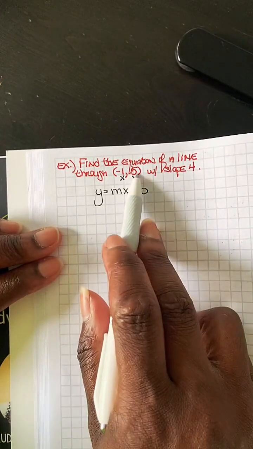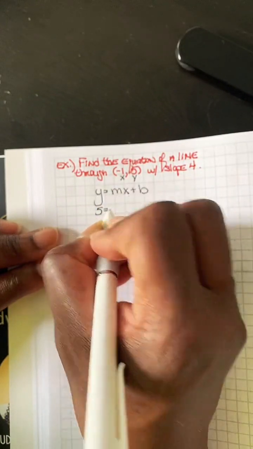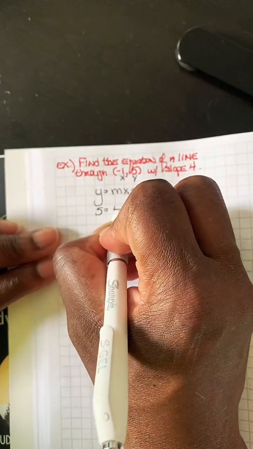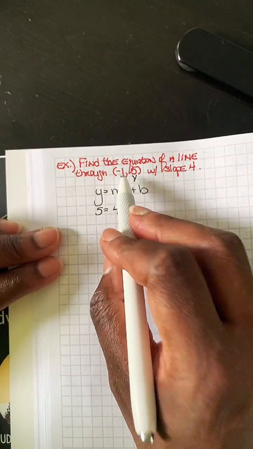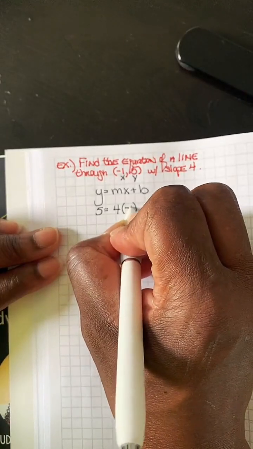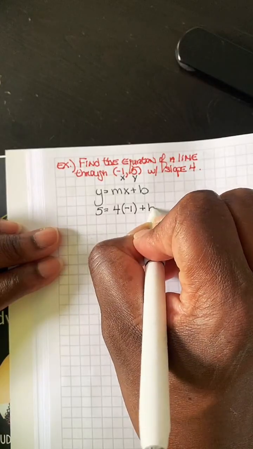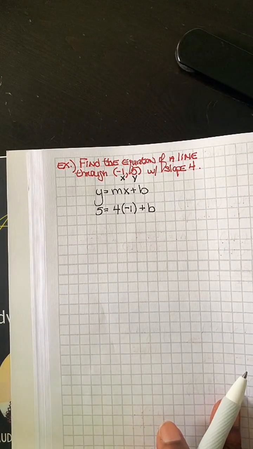So our y is a positive 5. Our slope, which we have here, is 4. Our x value is -1. And then we write down plus b.